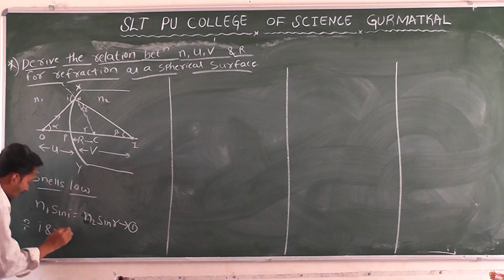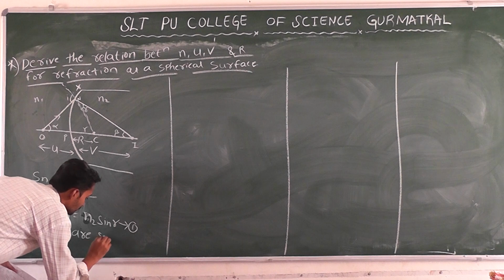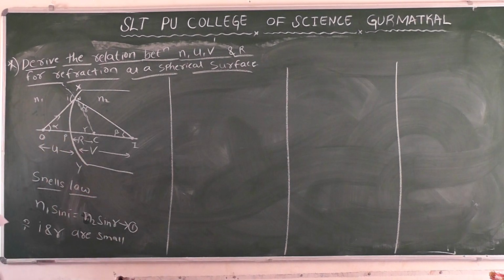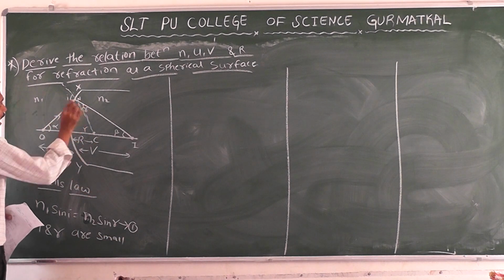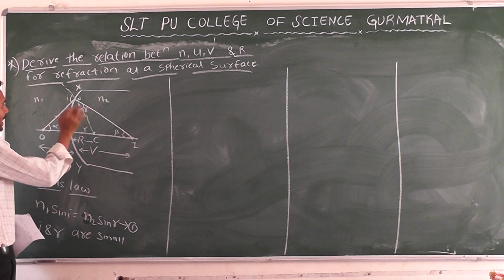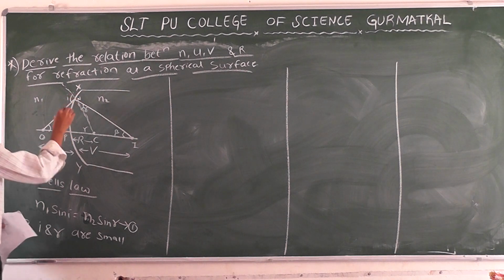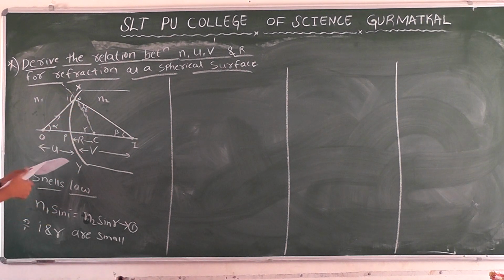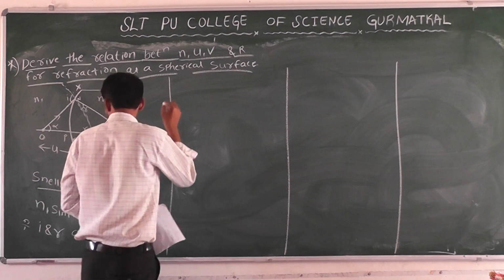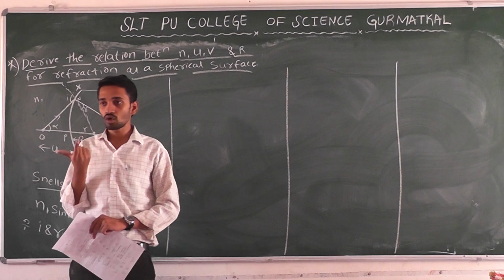Next, for paraxial rays, the angles i and r are very small, because the length PN is not large. As in earlier classes, when the angle is very small, tan theta is equal to theta.